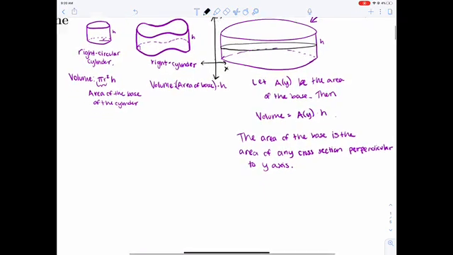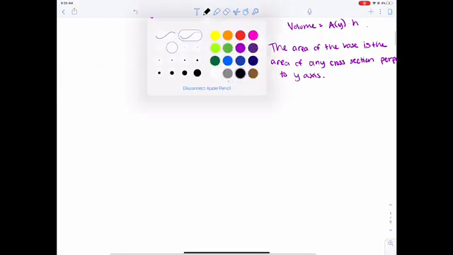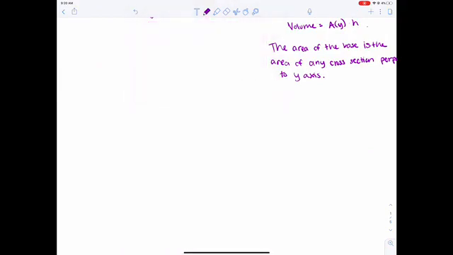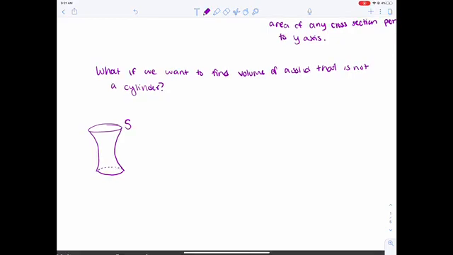So what happens if we want to find the volume of an irregular solid, or a solid that is not a cylinder? So let's consider this solid, which I'll label S. We can approximate the volume of this solid using cylinders.